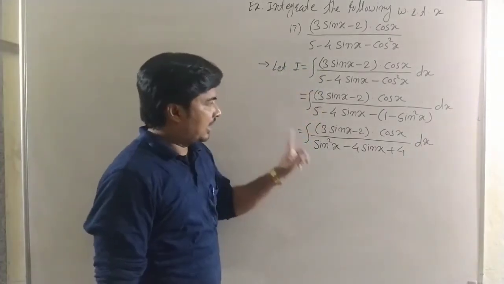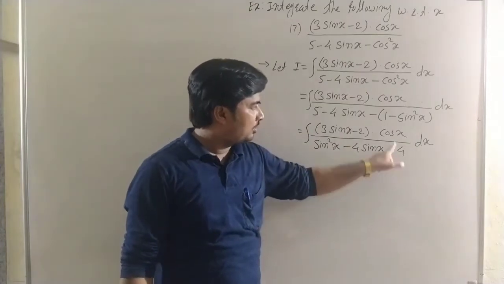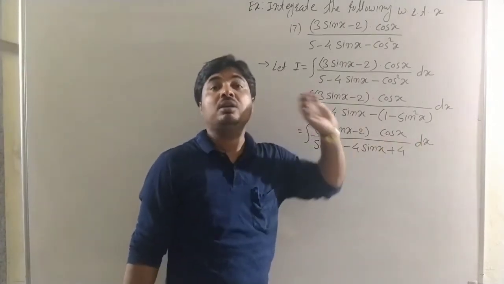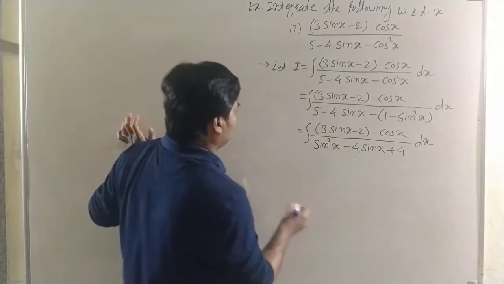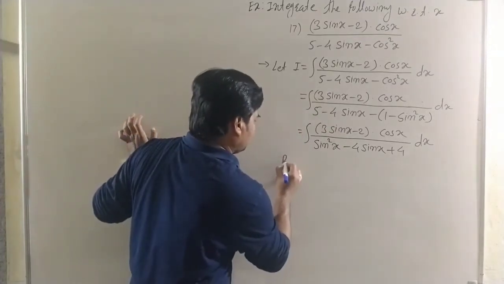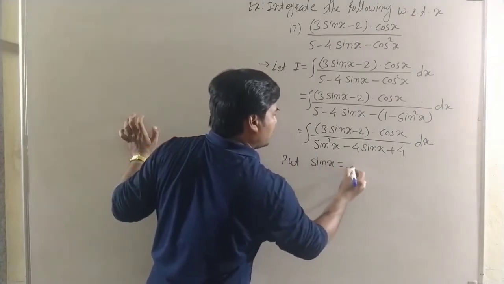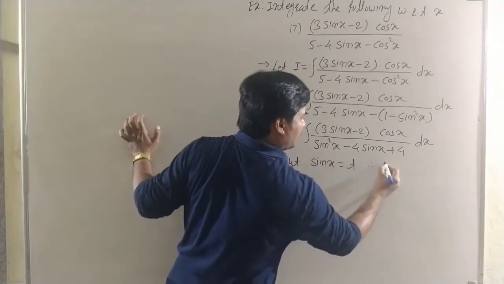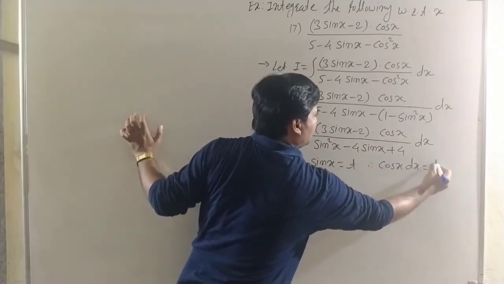Okay, and now we put sin x is equal to t, because all terms are in the form of sin and there is cos x in the multiple of dx, so here the substitution is to put sin x is equal to t. Therefore cos x dx is equal to dt.